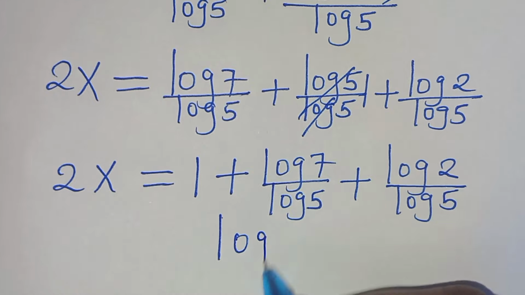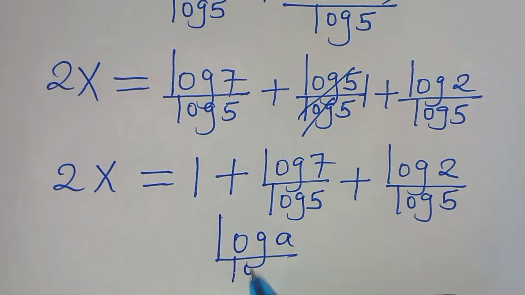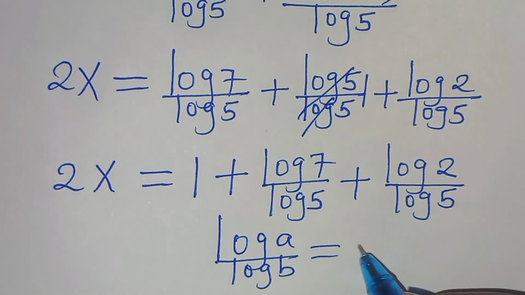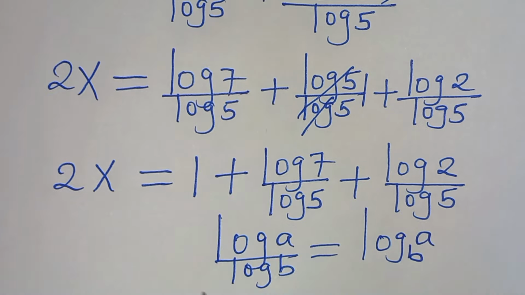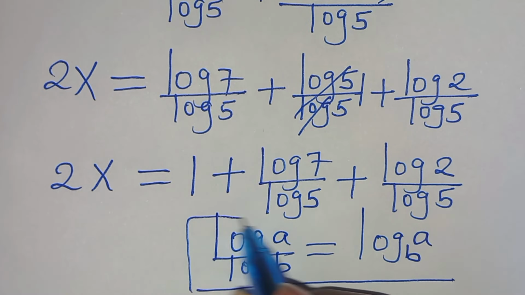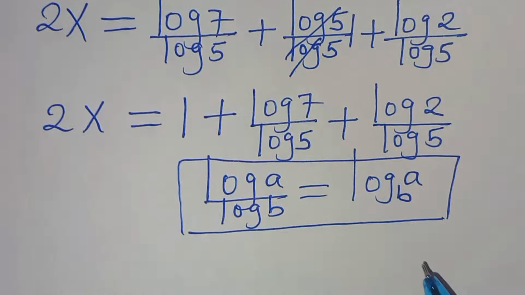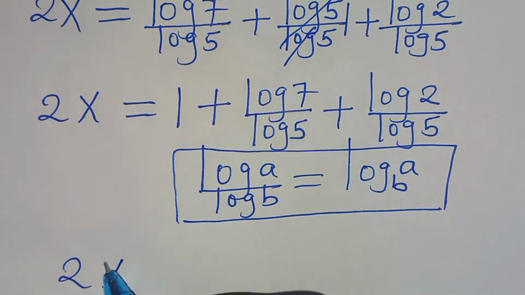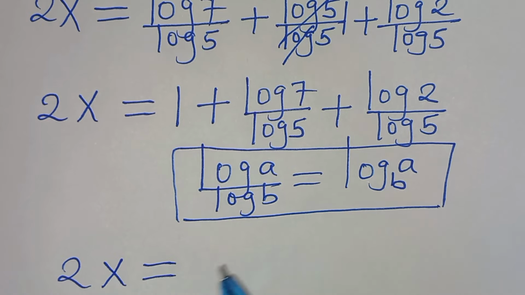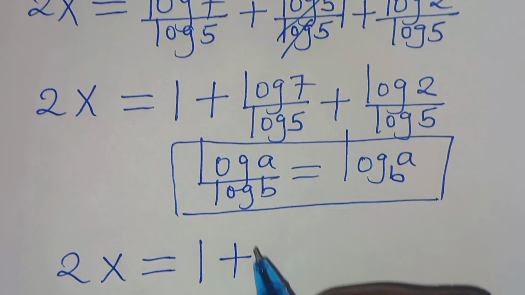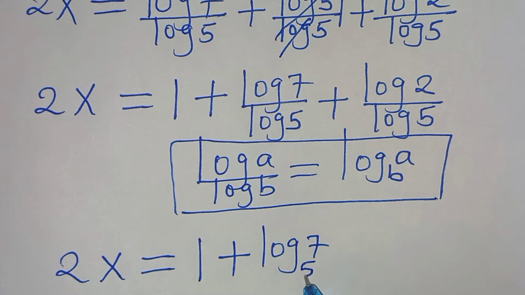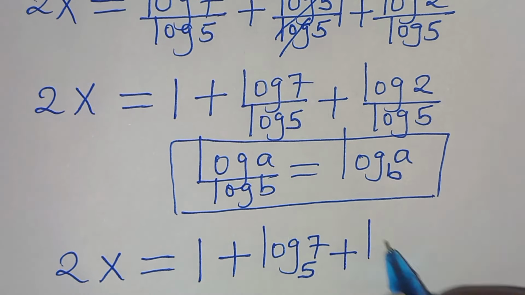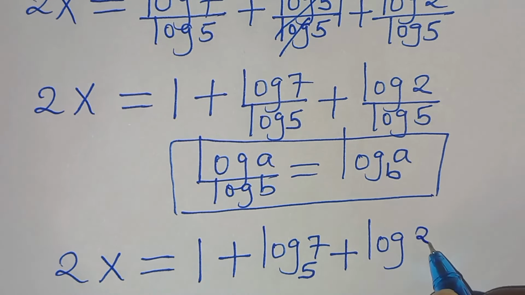This is in the form of log a over log b, and this can be expressed as log a to base b. So let's apply this logarithm property from here, so that we have 2x. This is equal to 1 plus log 7 to base 5, then plus log 2 to base 5.